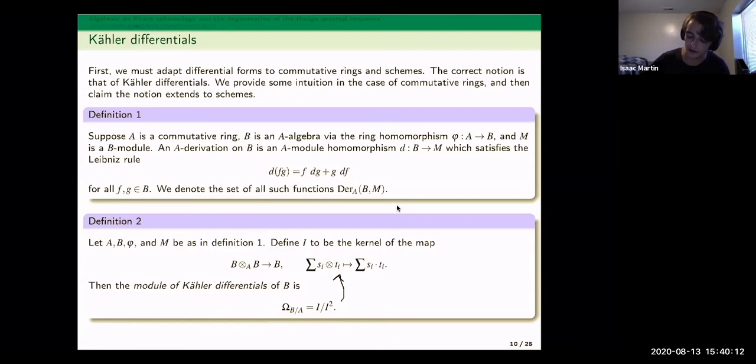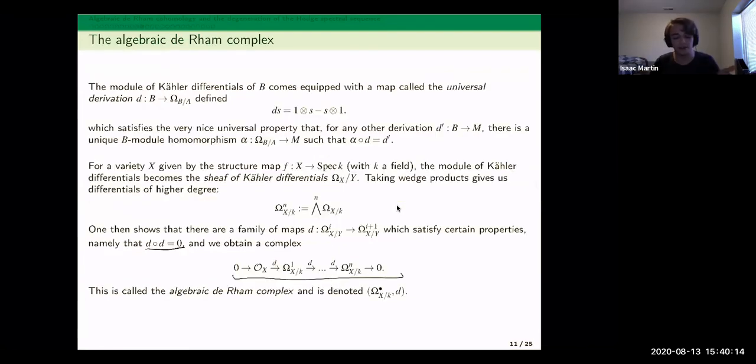That's fine, but one would hope that if we're calling something the module of Kähler differentials, that it satisfies some universal property. Like on the previous page, our definition of a derivation depended on our choice of a B-module M. So we'd hope that the module of Kähler differentials satisfies some universal property, and indeed it does. It turns out the module of Kähler differentials comes equipped with a map called the universal derivation, and it's defined like this.